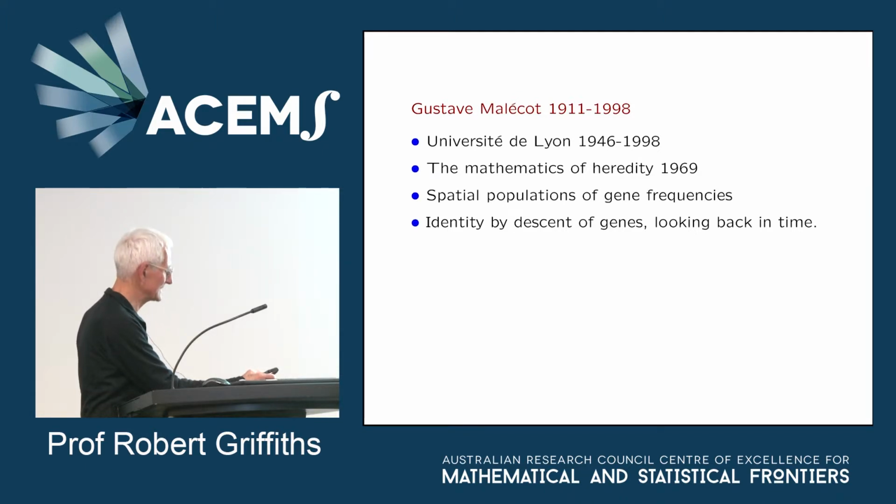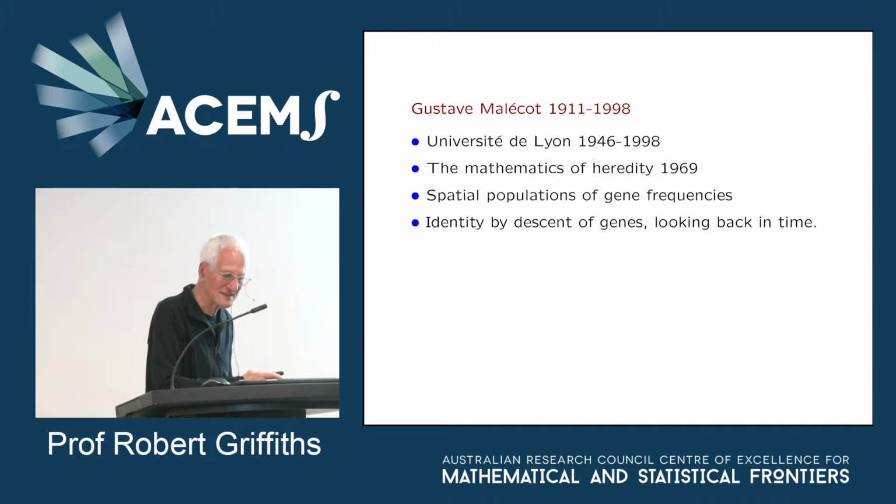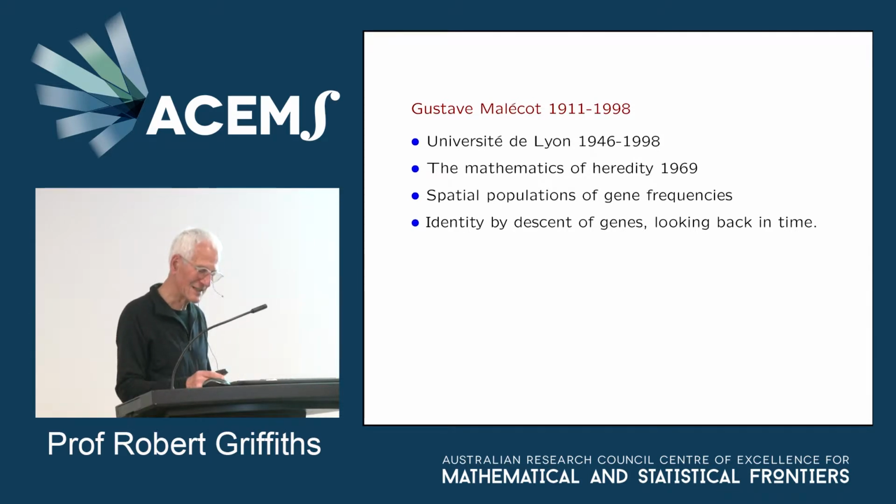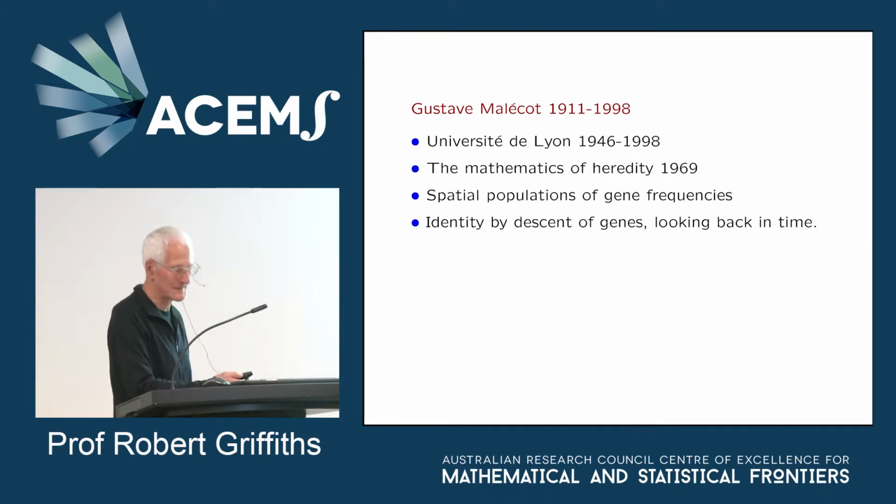So he looked back in time. In the earlier times, people were looking forward in time and saying, well, what might happen if certain things occurred in populations? How would things evolve? How would evolution work forward in time? And certainly Malécot was starting to look back in time, and today people are certainly looking back in time. So that was a bit of a turning point, I think.